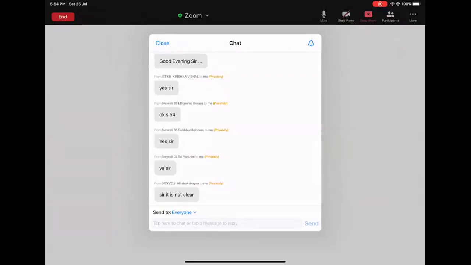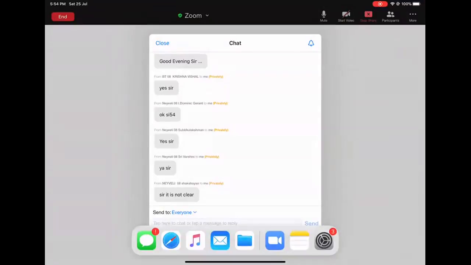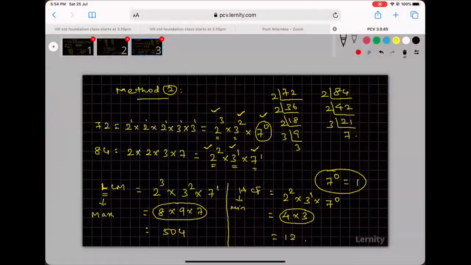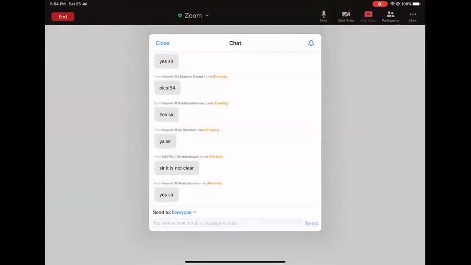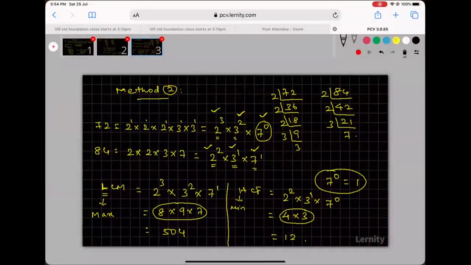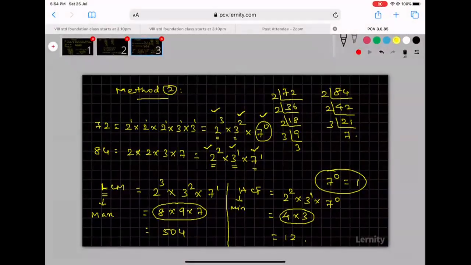Which one can't you understand, method 1 or method 2? Method 1 is easy.